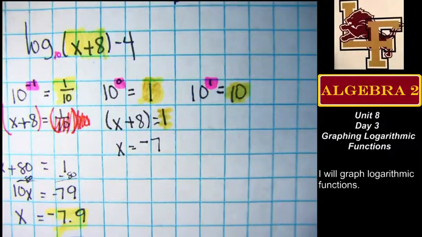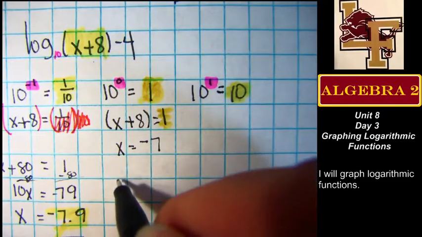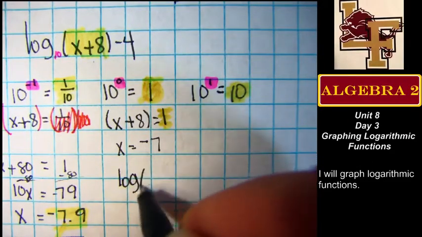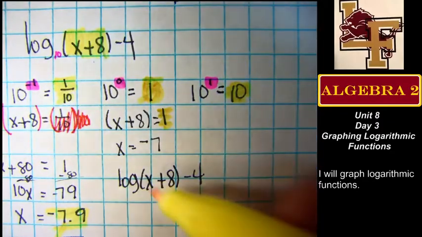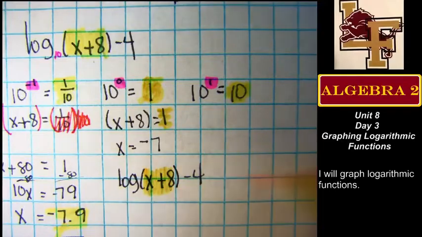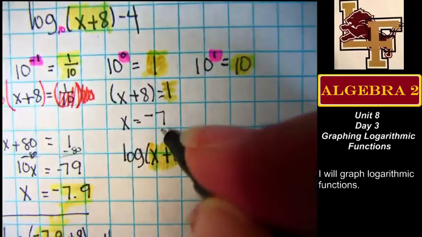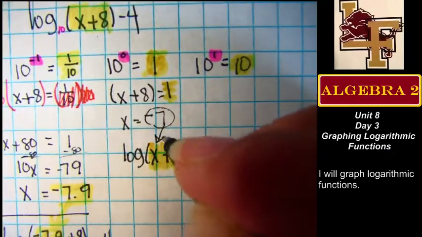So I'm claiming that at x equals negative 7, the thing that I'm taking the log of is 1. So this should now be 1, because I'm replacing the x in here with a negative 7.